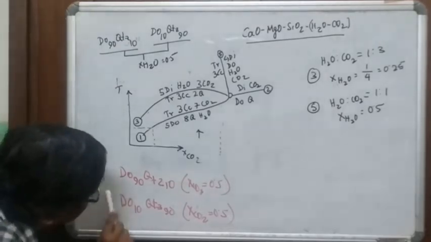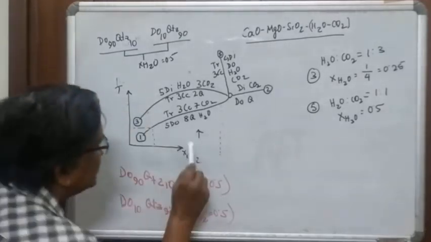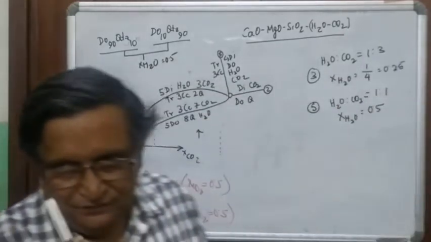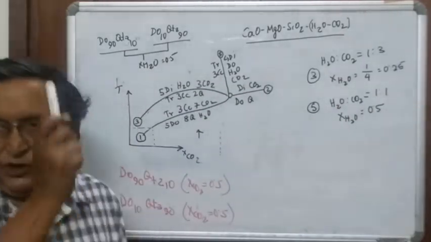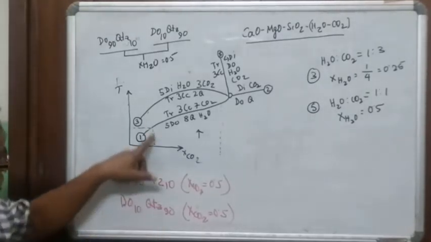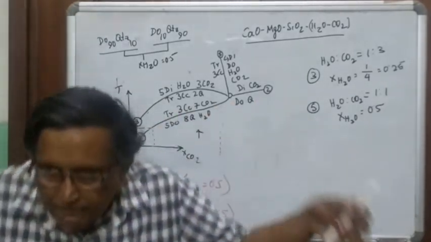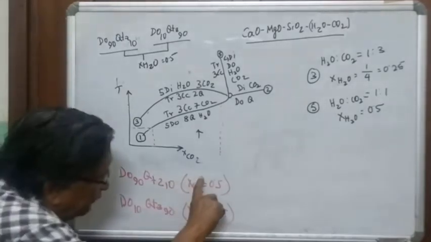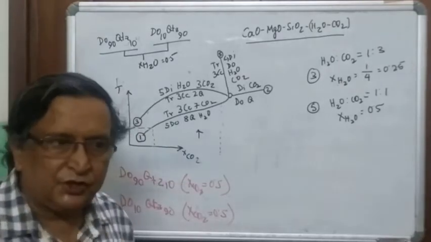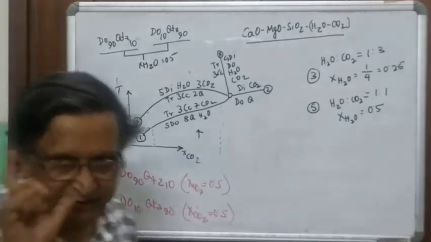Although both rocks have different bulk compositions, they have the same fluid composition, so they will both start to break down at the same temperature. Dolomite plus quartz will start reacting to produce tremolite and calcite at the same temperature, although the bulk composition is different, because the fluid composition is the same.